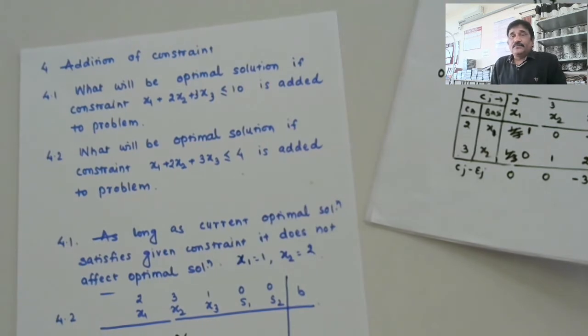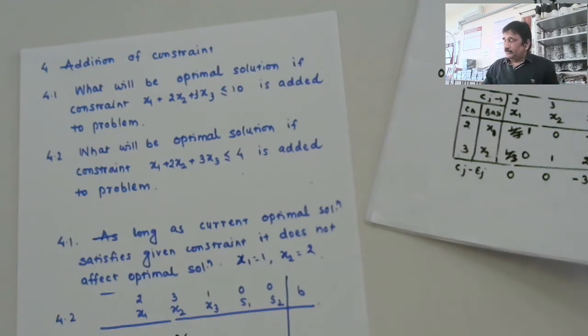Problem comes when the current optimal solution violates the new constraint getting added. That is happening in the second constraint. What will be the optimal solution if the constraint x1 plus 2x2 plus 3x3 less than or equal to 4 is added to the problem?